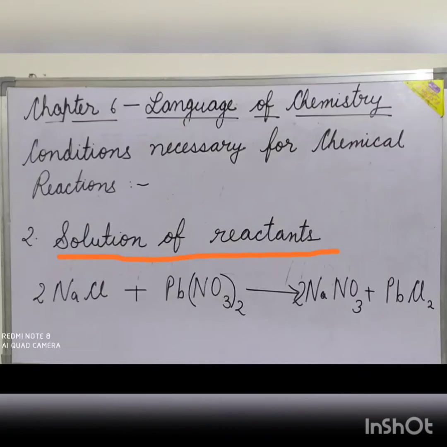But when solutions of sodium chloride, that is aqueous sodium chloride, and aqueous lead nitrate are mixed together, they form sodium nitrate and lead chloride, which is a precipitate. The precipitate is an insoluble solid formed on the reaction of two solutions.